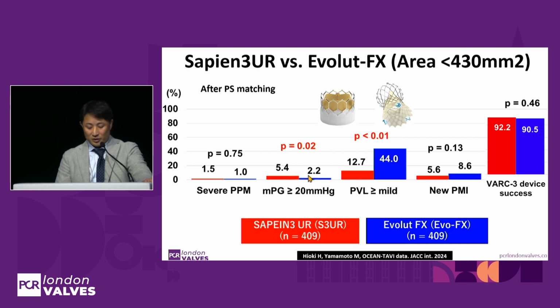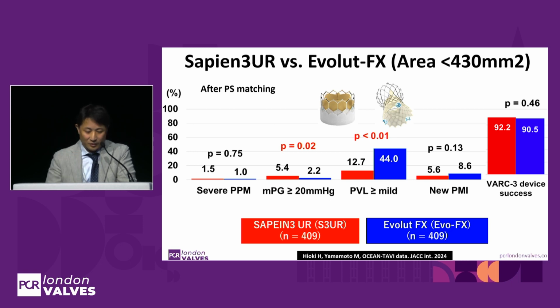But a mean pressure gradient of more than 20 is significantly higher if we choose the balloon expandable valve, compared with the supraannular design. In contrast, the prevalence of PVL more than mild is significantly higher if we choose the supraannular self-expandable valve, compared with the balloon expandable valve. So finally, the results are quite the same.